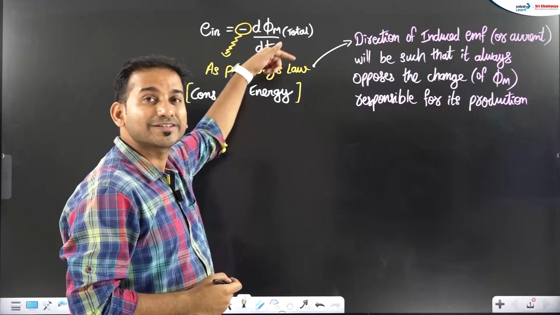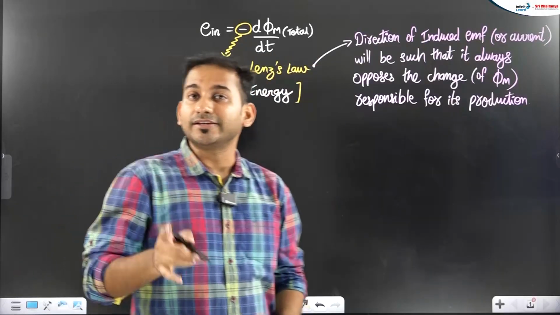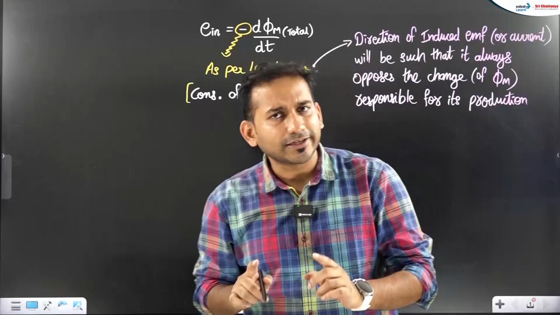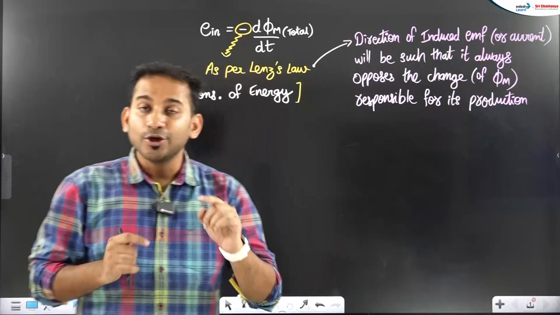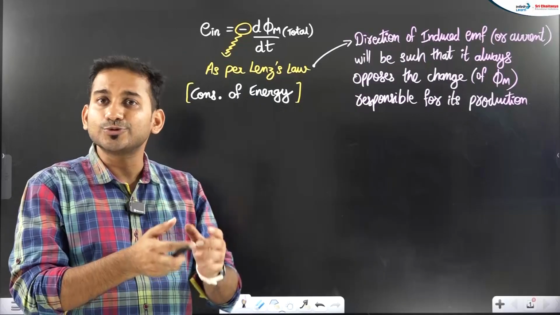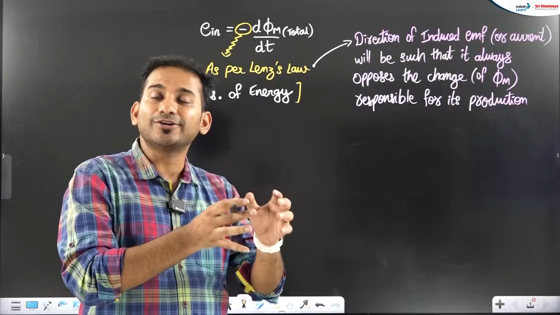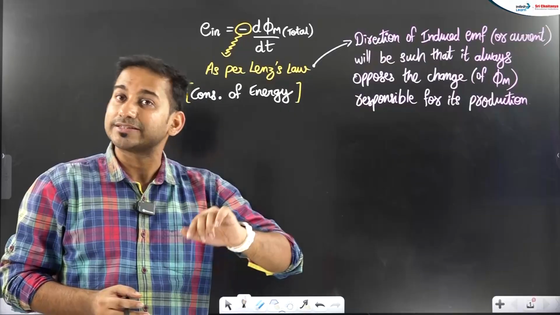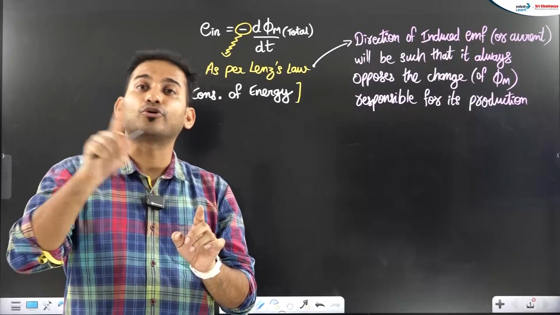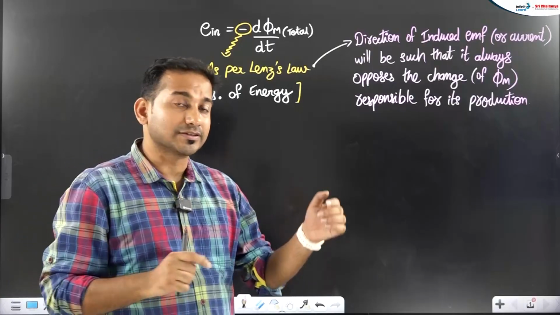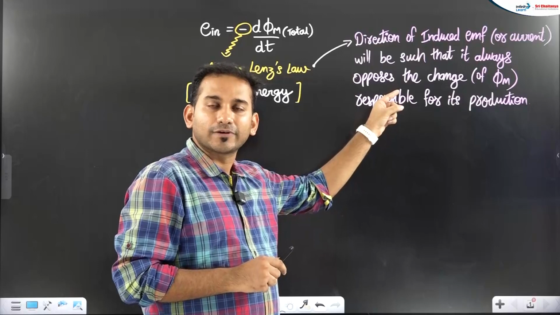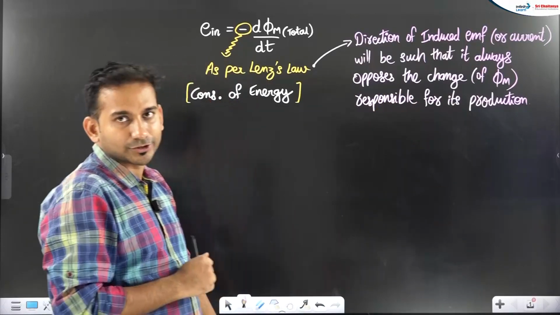But if the magnetic flux keeps on changing, definitely the EMF will start getting induced. And if the loop is closed, there will be an induced current. Whichever EMF or current has been induced, its direction or polarity will be such that it always opposes its production reason. It will always try to oppose the change of magnetic flux responsible for its production.